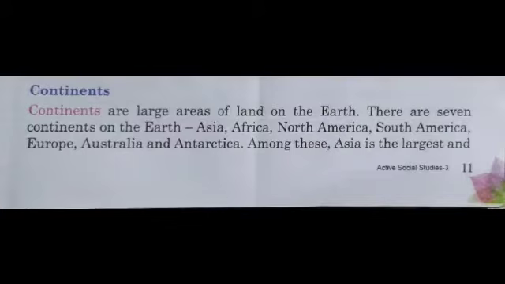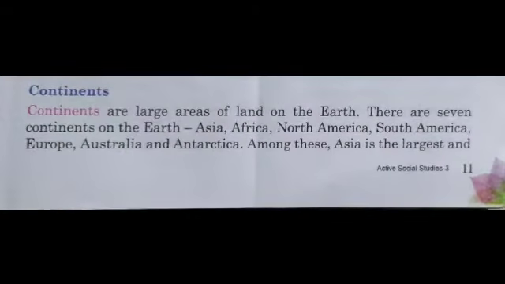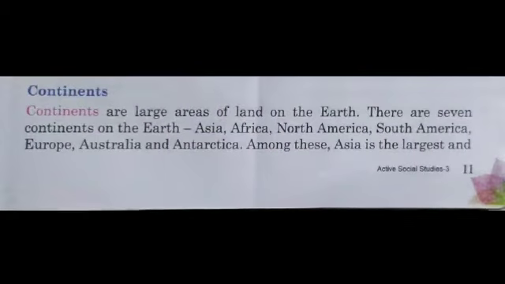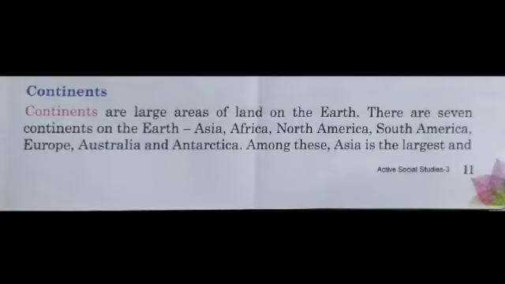Continents. Continents are large areas of land on the earth. There are 7 continents on the earth: Asia, Africa, North America, South America, Europe, Australia, and Antarctica. Among these, Asia is the largest and Australia is the smallest continent. Separate maps can also be drawn for each continent.